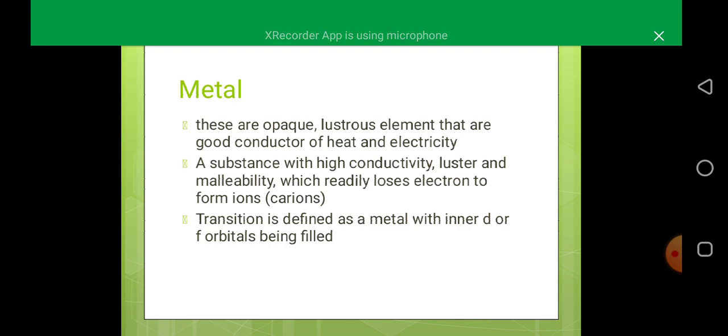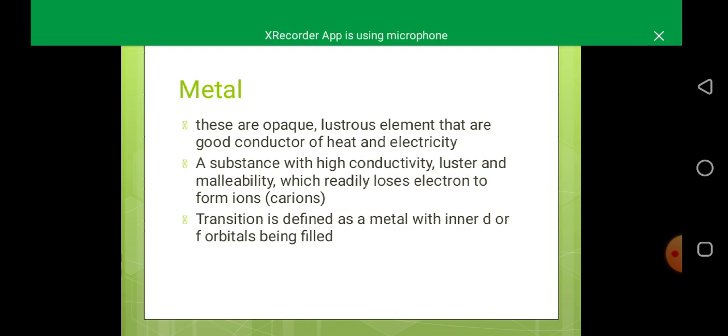So they are substances with high conductivity, luster, and malleability, which readily lose electrons to form ions, that is cations. Normally, metals do not form negative ions. Mostly, they tend to lose electrons to form cations.